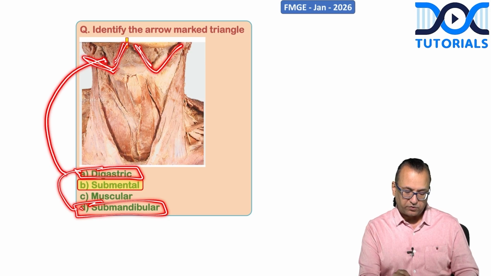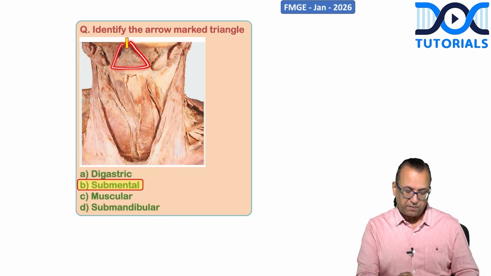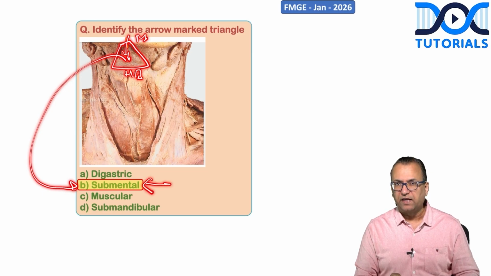Mandible will be the base of the digastric triangle. But since they are talking about this arrow mark with the hyoid bone at the base and mandible at the apex, you are looking at the submental triangle. Choice number B is the answer.